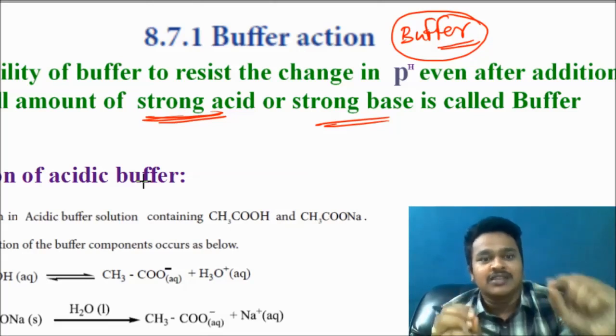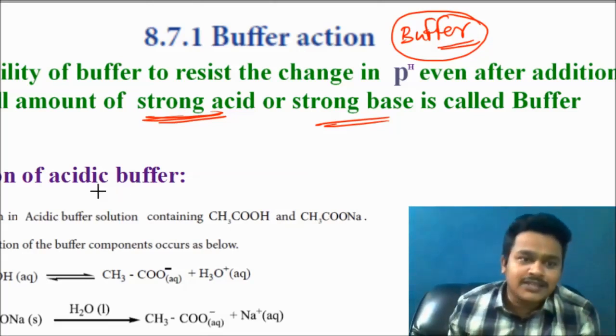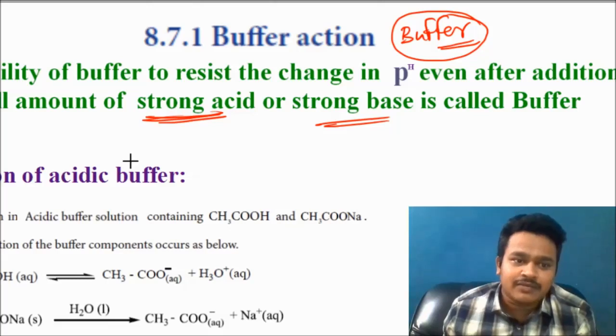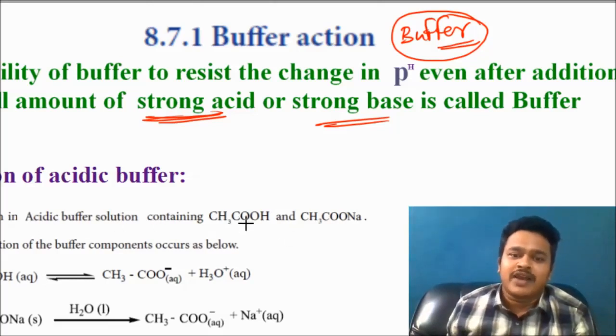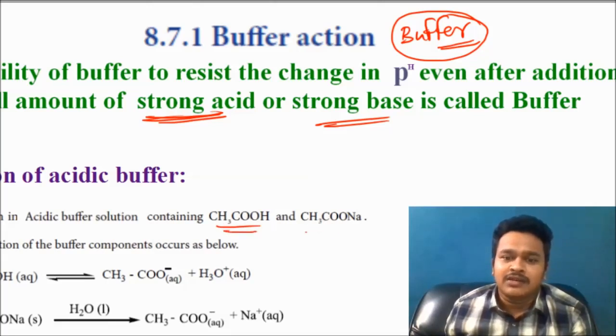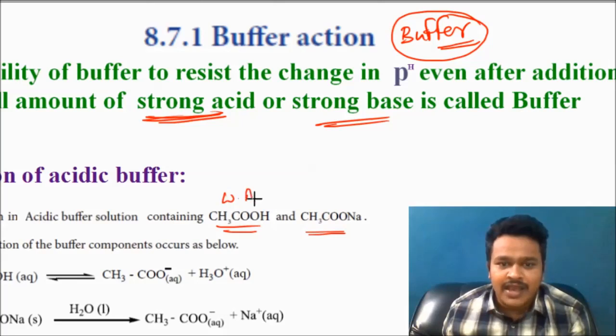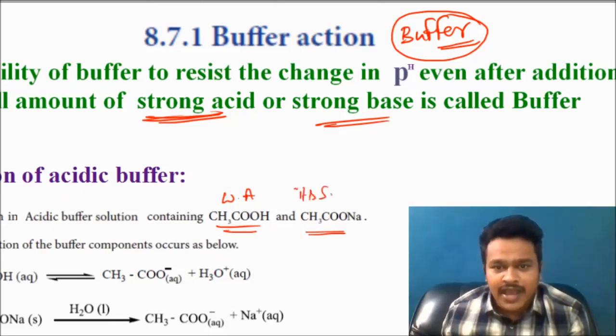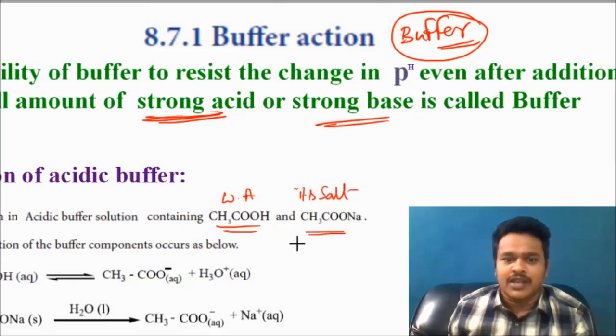Okay, listen carefully and easy. Action of acidic buffer. Buffer action in acidic buffer solution. What is an acidic buffer example? Acetic acid and its salt. Acetic acid is a weak acid, and its salt, sodium acetate, is an example.